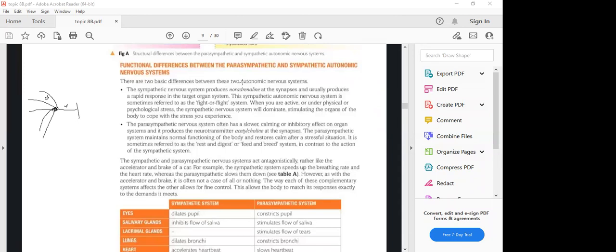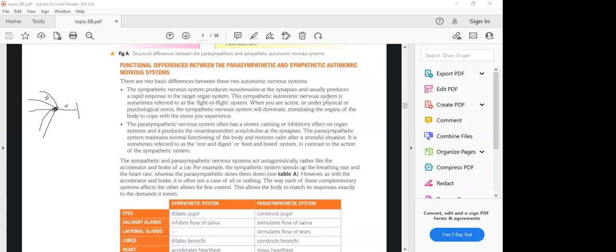There are two basic differences between these two autonomic nervous systems. Sympathetic and parasympathetic are both autonomic nervous systems, right? Means they are self-controlled. They cannot be controlled by the brain. The sympathetic nervous system produces noradrenaline at the synapse and usually produces a rapid response in the target system.